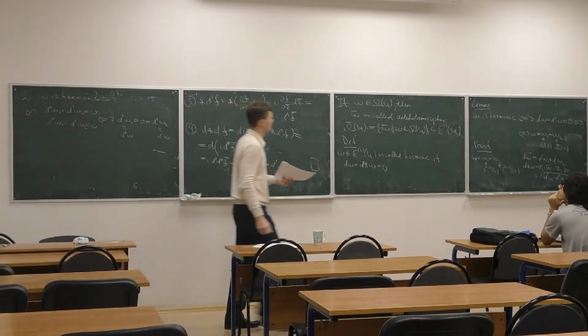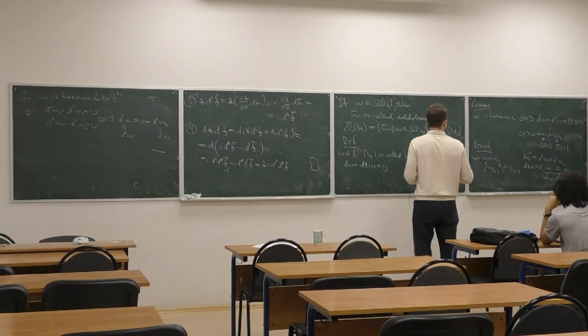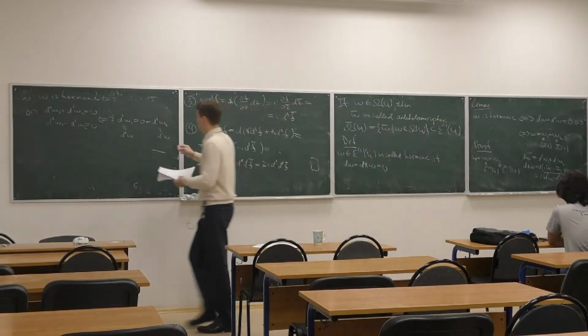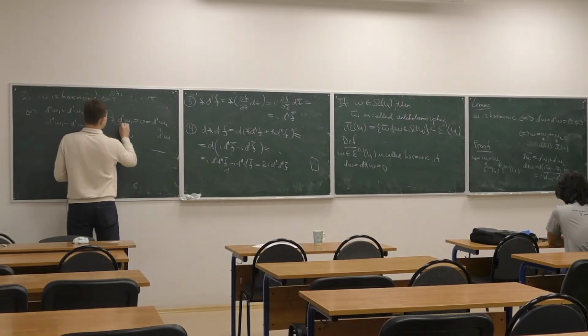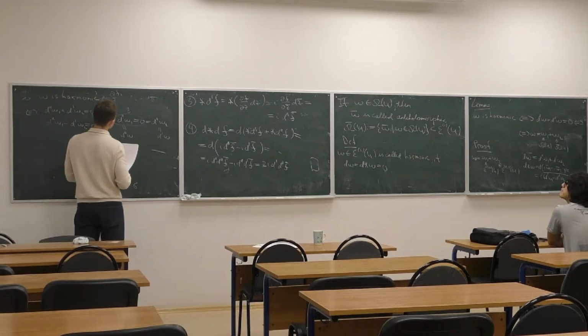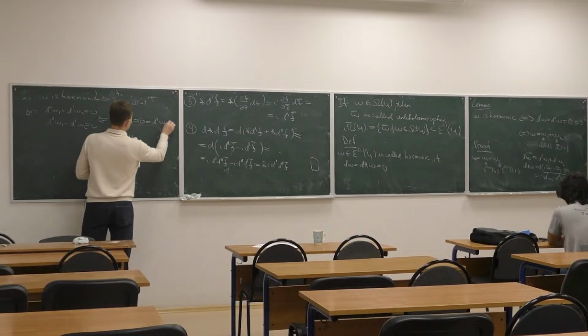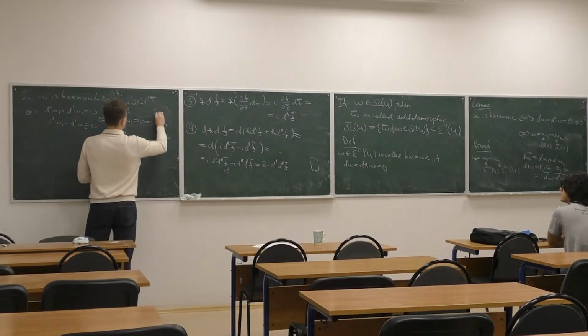So the first equivalence is proved. And the second one is also obvious, because this equality is equivalent to saying that omega 1 is holomorphic, and the first equality is equivalent to saying that omega 2 is anti-holomorphic.